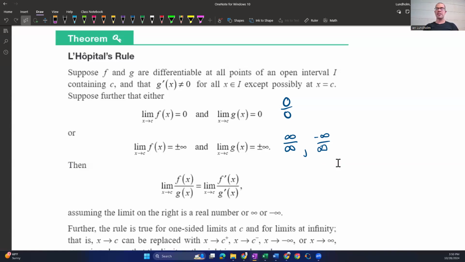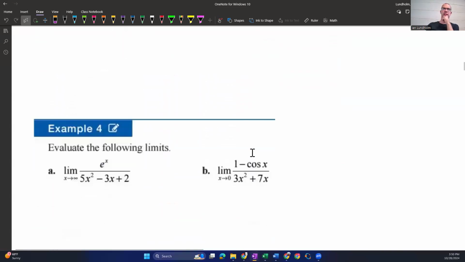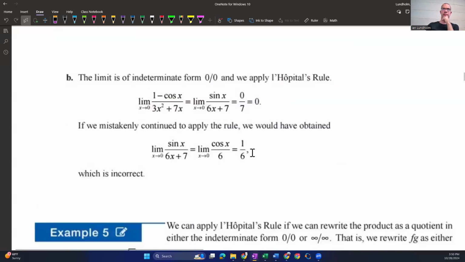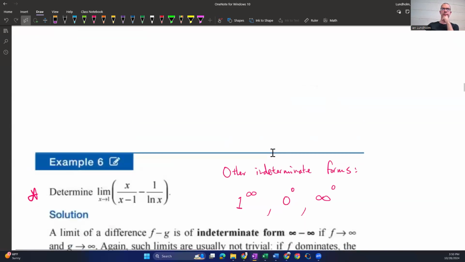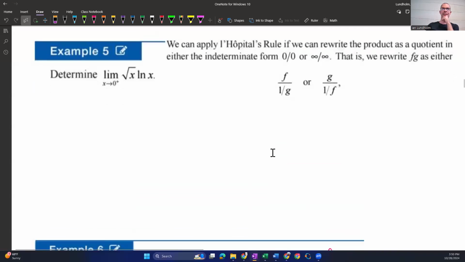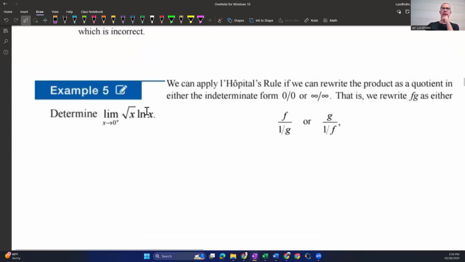For the other ones that we will see later, we might need to massage the other forms into forms that look like this, so that they're a fraction and we can apply L'Hopital's rule. So for instance, let's scroll down a little bit and find those other forms. This one, if we were going to put in 0 in here, we would get the square root of 0 times the natural log of 0.